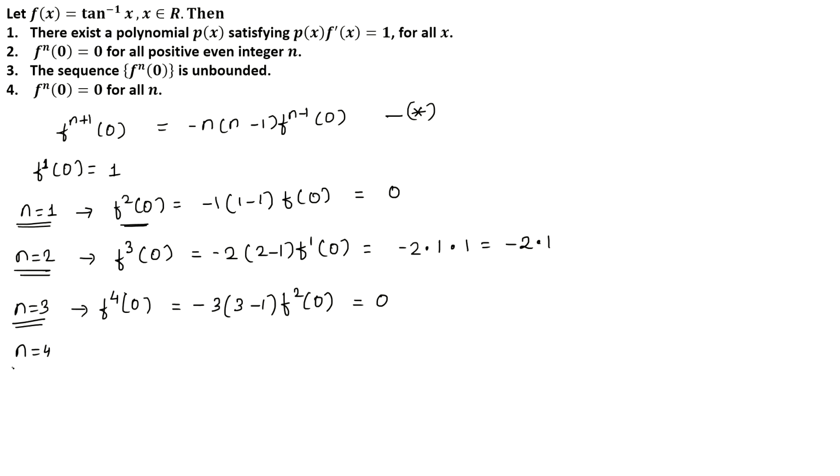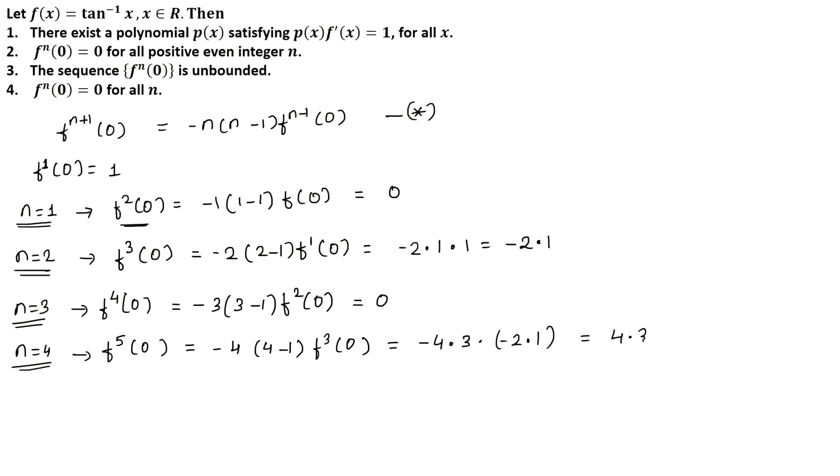For n equal to 4, f_5(0) is equal to −4 into (4−1) into f_3(0), which equals −4 into 3 into f_3(0), which is −2 into 1. So minus minus becomes plus, 4 into 3 into 2 into 1, that is 4 factorial.